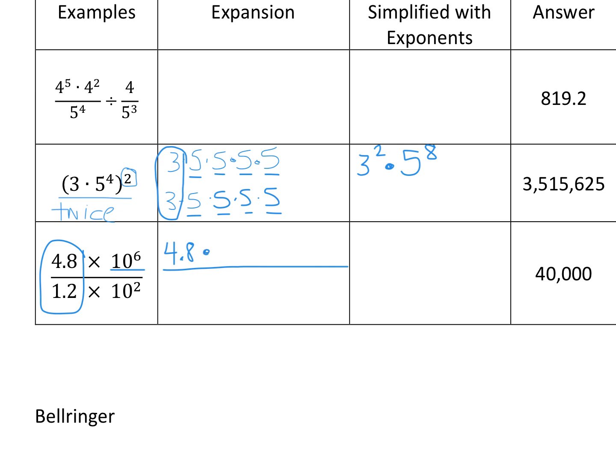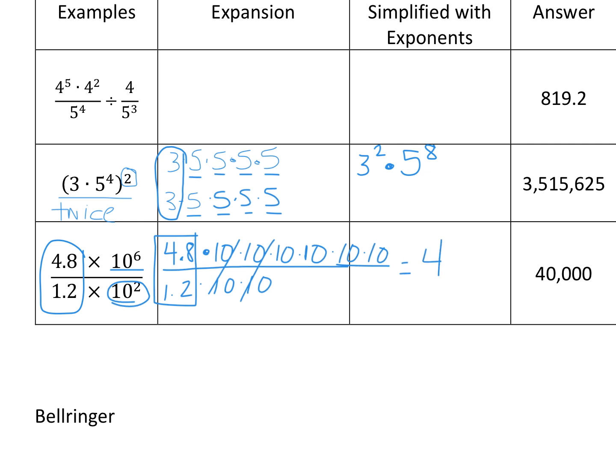So I'm going to say this whole thing times 10, and I need to write that 10 six times: 3, 4, 5, 6. And then on the bottom I have my 1.2, and now I have two 10s. So those cancel and become the ones. If I put 4.8 divided by 1.2 in my calculator, I get just 4.